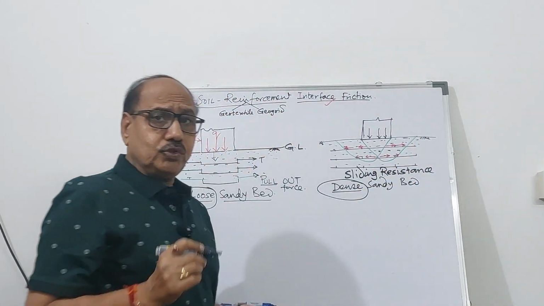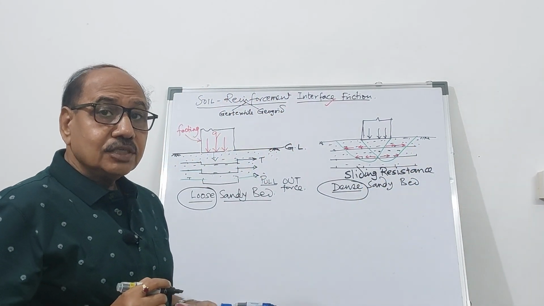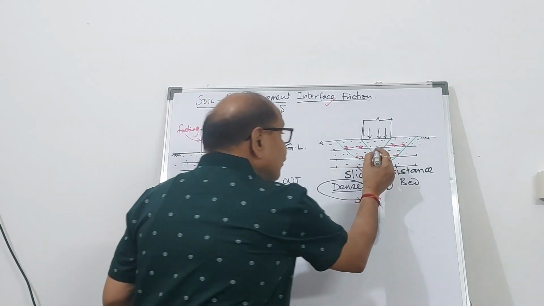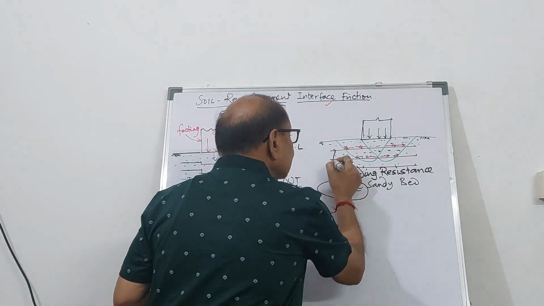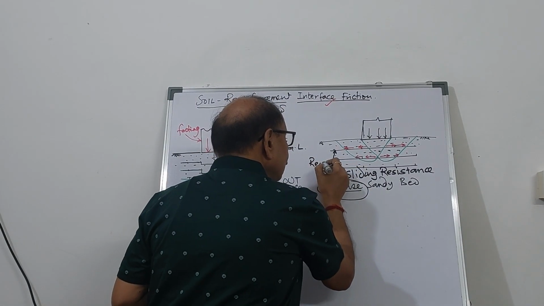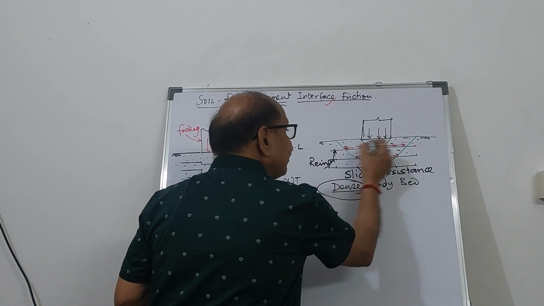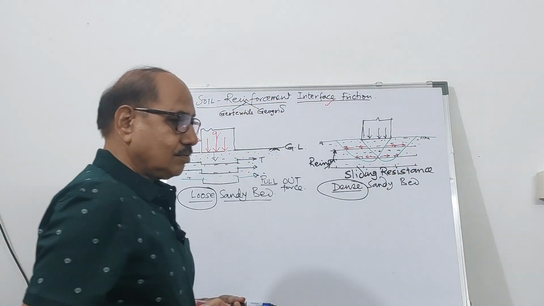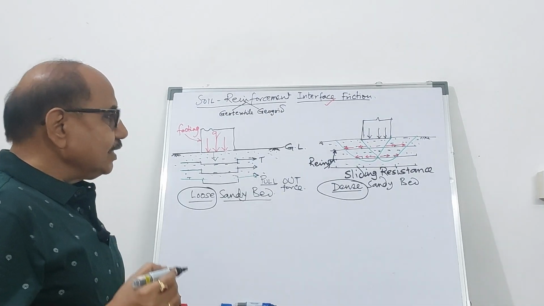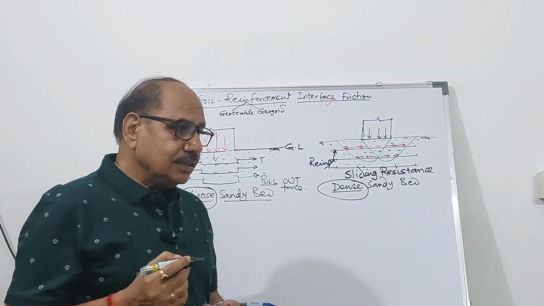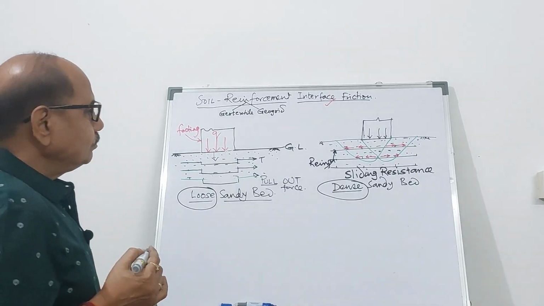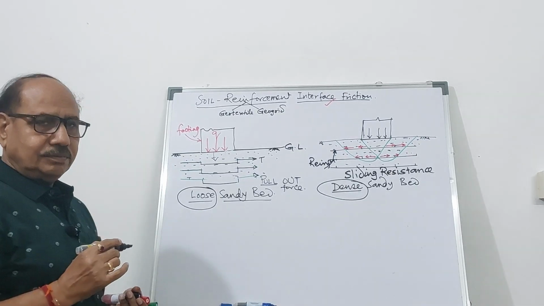The arrow shows the direction of movement over the surface of these reinforcing elements. So these are the reinforcement over which it is going to move like this, and therefore the sliding resistance will get developed. So the mechanism is going to be different.